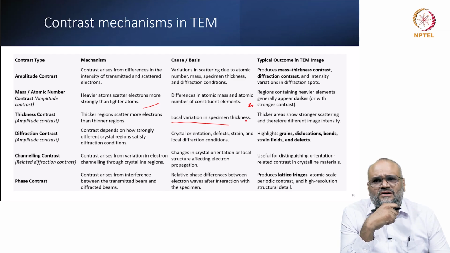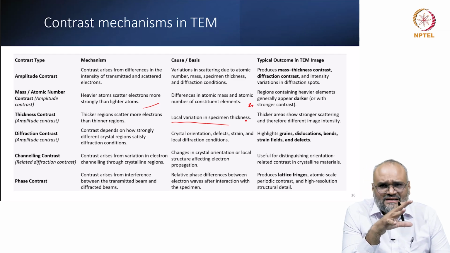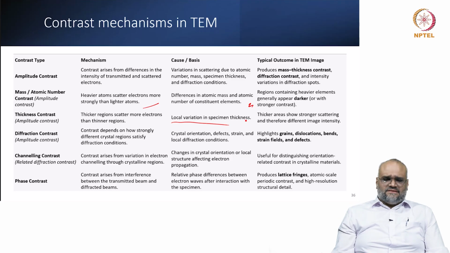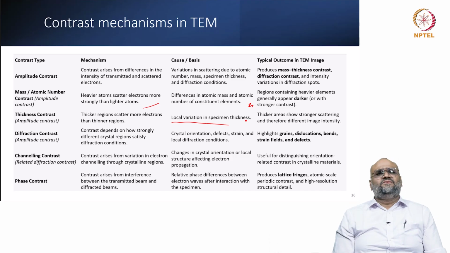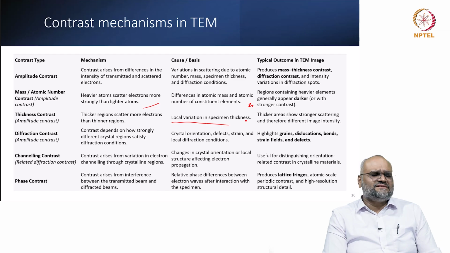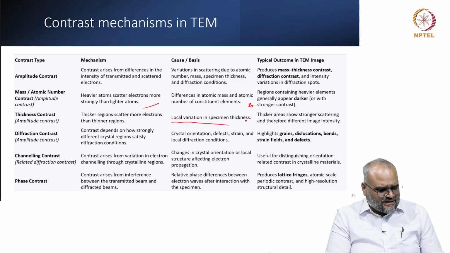For example, if you want to image dislocations or bend contours or grains and also stacking faults, your diffraction contrast becomes very important, and by using special illumination conditions, you can choose to highlight one of these diffraction spots and image the defects in a very successful way in transmission electron microscopes.